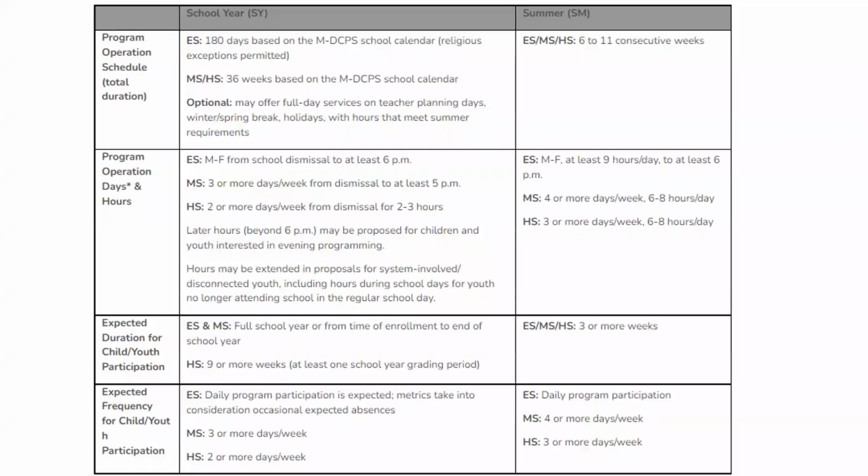So our current application for system involved youth is for the high school age group 16 through 21. I want to say that for the 16 to 21 age groups, if you meet the criteria that we have discussed, which is you have this previous experience, you currently have existing partnerships and wraparound services, you're welcome to apply for that age group there.